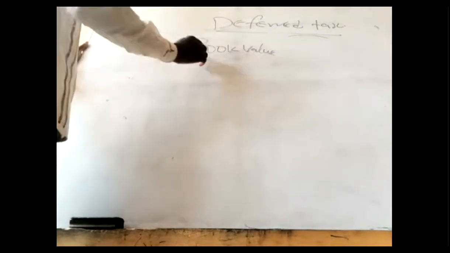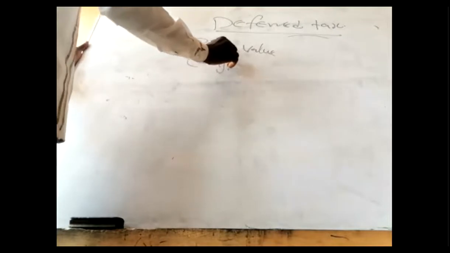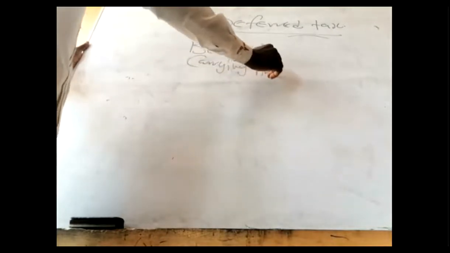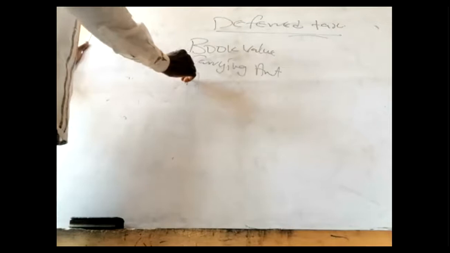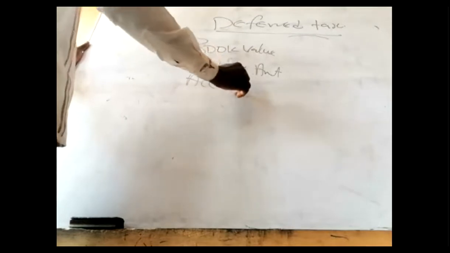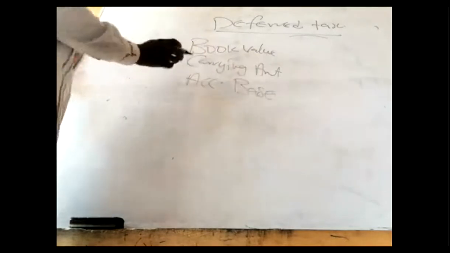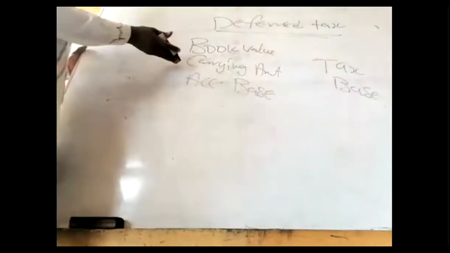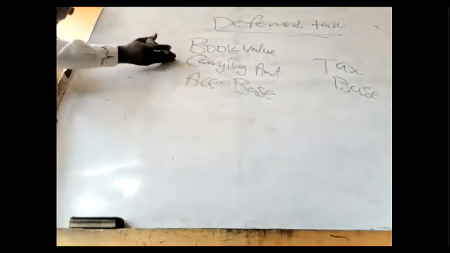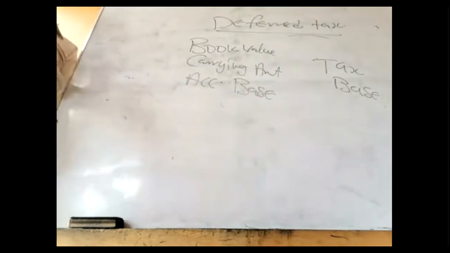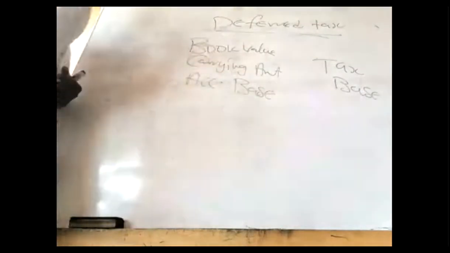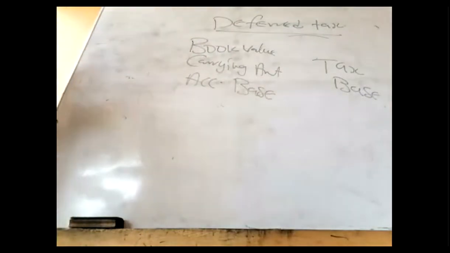We also call it current amount. We also call it accounting base, versus tax base. Book value, or the accounting base, or current amount, means in the accounting books, what's the value? Tax base means how does the tax authority see the value?